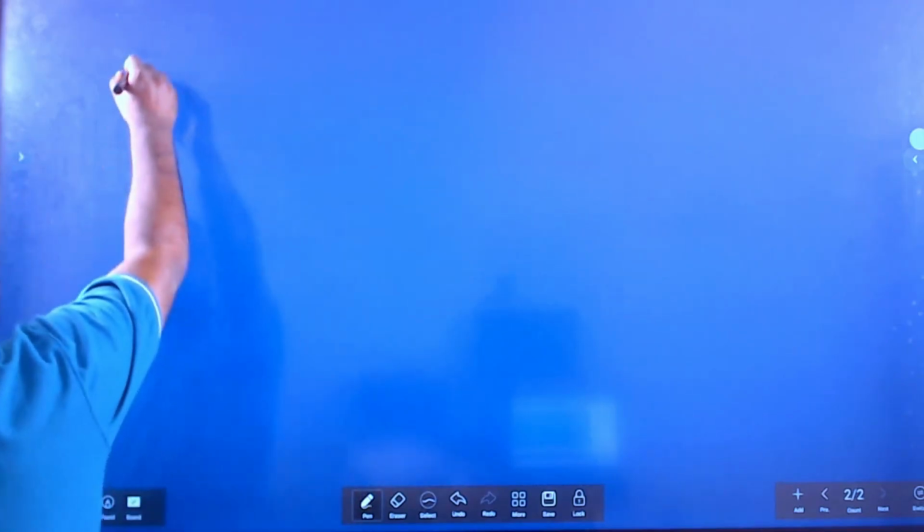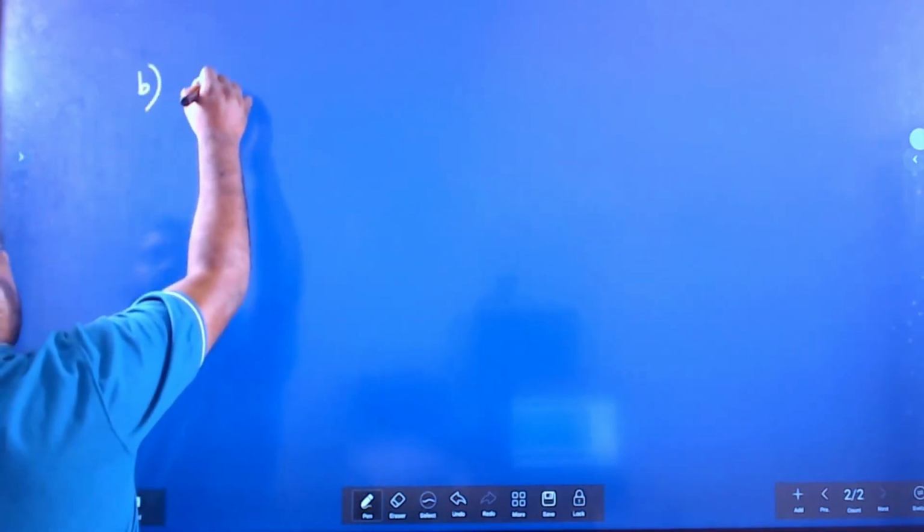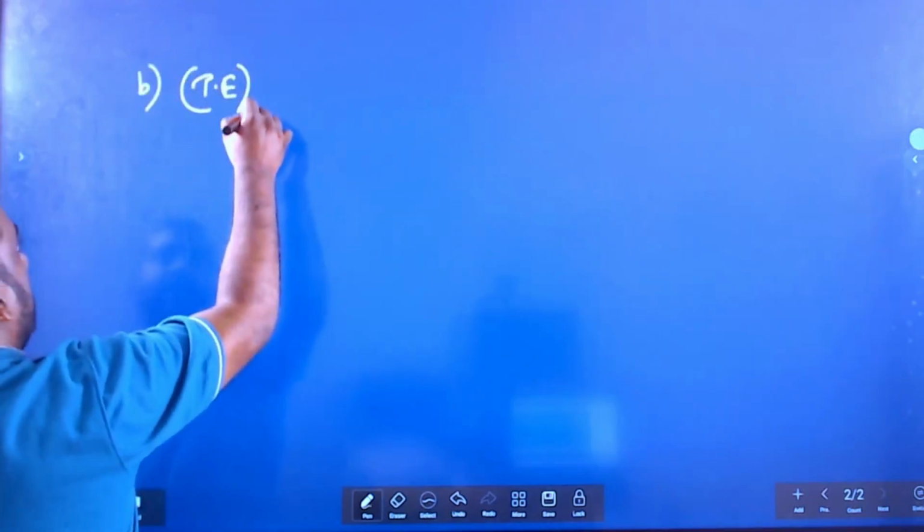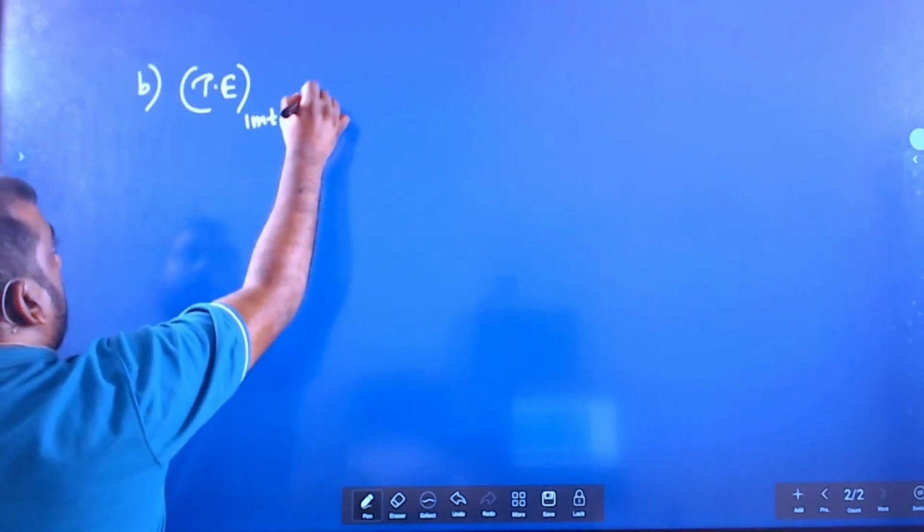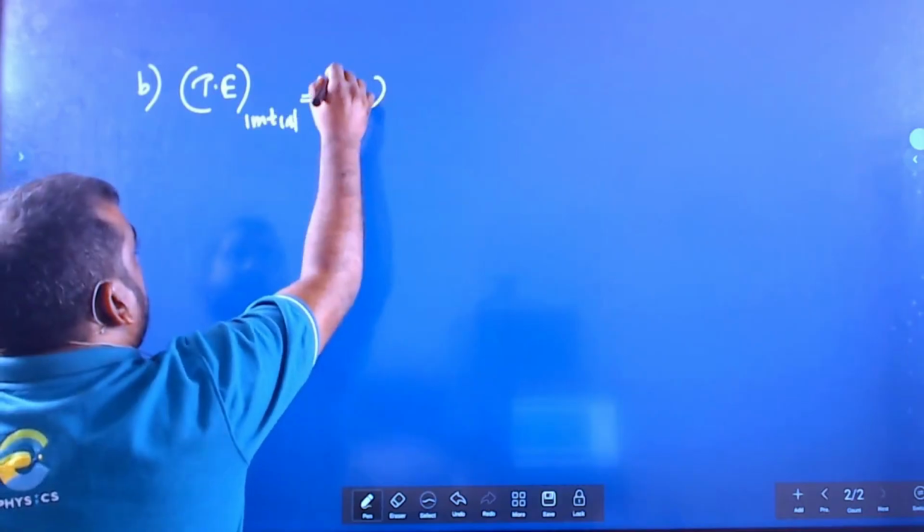Now the second part of the question. Now the mass of the pulley is simple m. Moment of inertia is half mr squared. Repeat A Roman 1, A Roman 2. Now if I repeat, this is question number B. Total energy initial, total energy final.